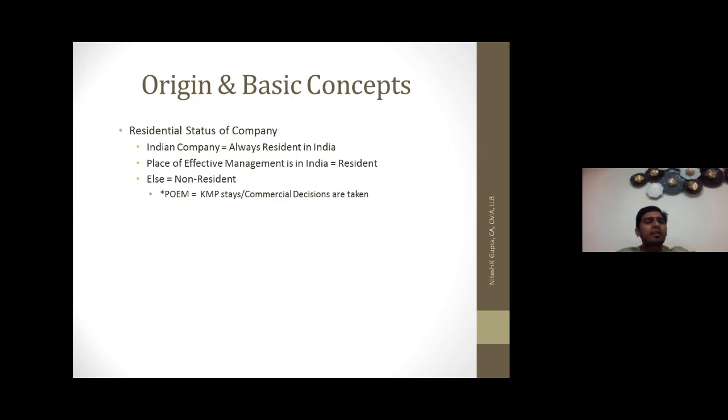KMP means key managerial persons: directors, managers, CEO, CFO, these are KMPs. If they are in India, it's a resident company because they only take the decisions. Or if the decisions are taken in India, it's a resident company.